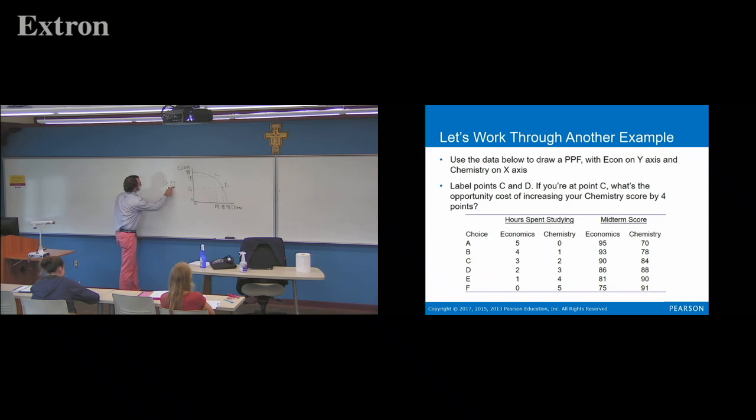So that change is 4 points. Moving from point C to point D, we're moving from 90 to 86. 90 minus 86, again, equals 4. So if we want to get 4 points on chem, we need to give up 4 points on econ. So that's your opportunity cost at this point in the graph. Because this is curved, we don't have the constant opportunity cost we do with the straight line.